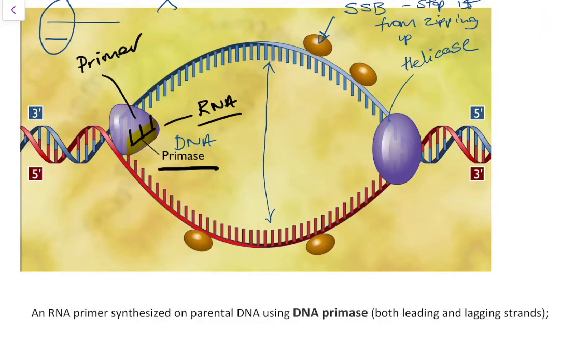So what we've seen is an RNA primer is synthesized, is made on the parental DNA, because both of those strands are parental DNA, using primase. And this is going to happen on what we call both the leading and the lagging strands, but we'll get to that next.